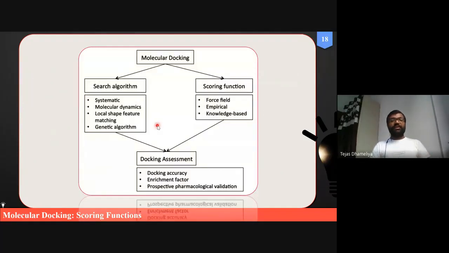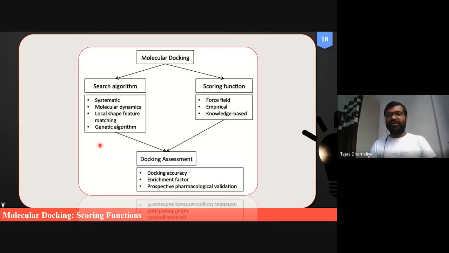Depending upon the search algorithm and the scoring functions, molecular docking will perform the docking assessment. And this docking assessment can later be verified to measure the docking accuracy, also called validation. So these are the major concepts of molecular docking that we discussed in our past classes.